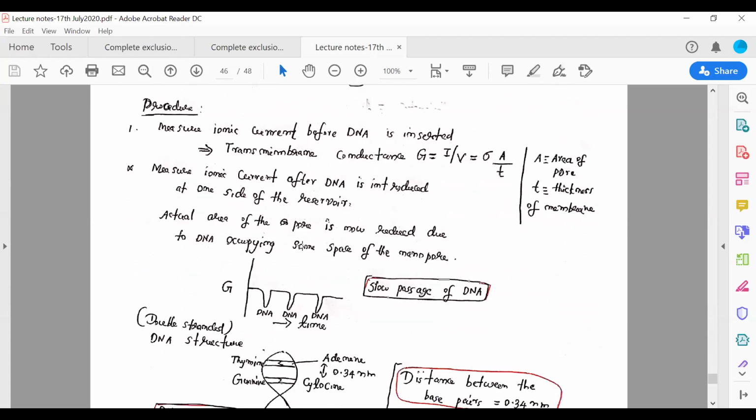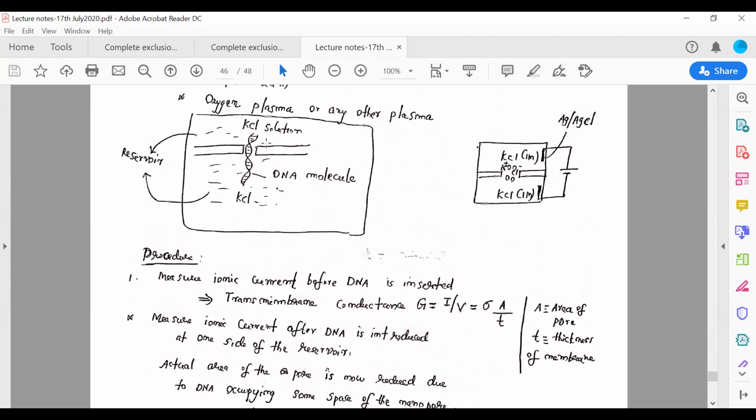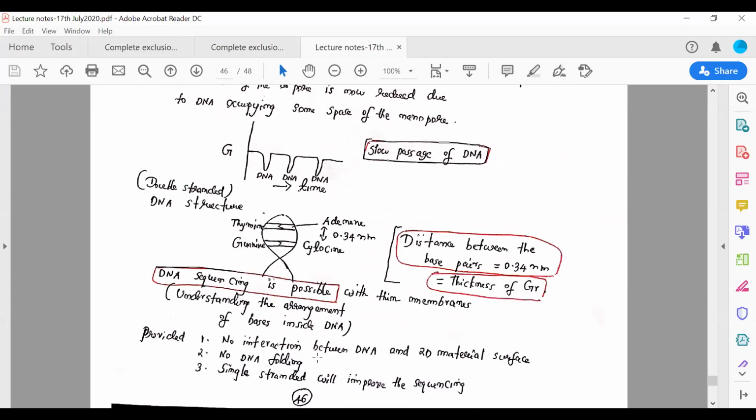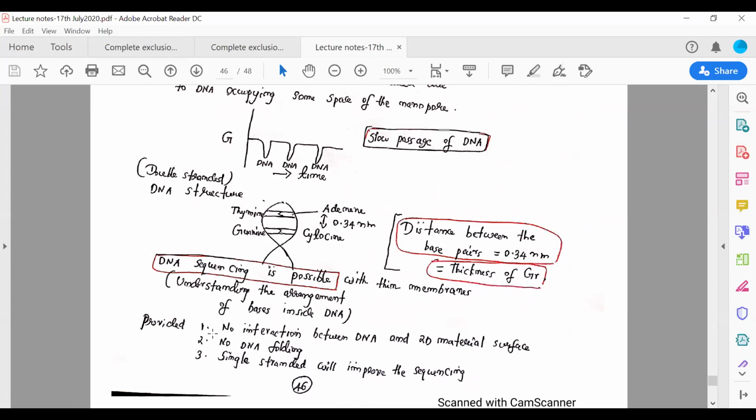So we assume that we want graphene which is free from these functional groups or charges. You want very clean graphene where the DNA is not interacting, it is just slowed down. The transport is slowed down so that you can read each and every base pair. That is the way it has to be done. DNA should not even fold.